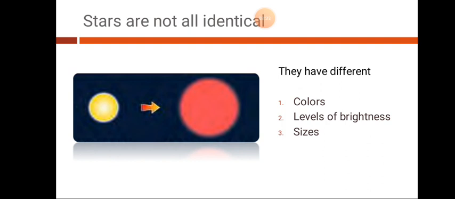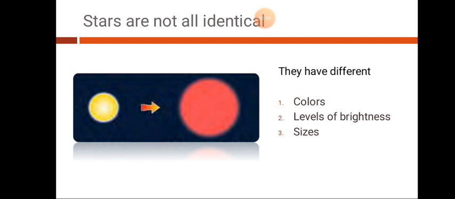So, coming back to the class, stars have different colors, different levels of brightness, and they come in a lot of different sizes. Each one of these has its own interpretation. Based on the color of the star, the level of brightness and size, we will be able to differentiate stars.